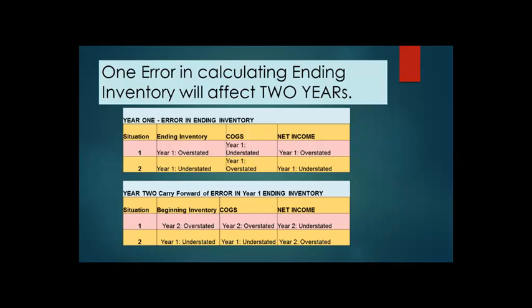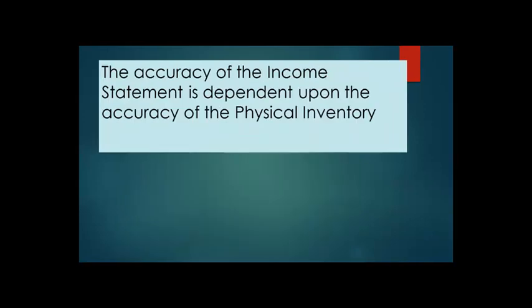If beginning inventory is understated, cost of goods sold will be understated, and net income will be overstated. The accuracy of the income statement is dependent upon the accuracy of the physical inventory.